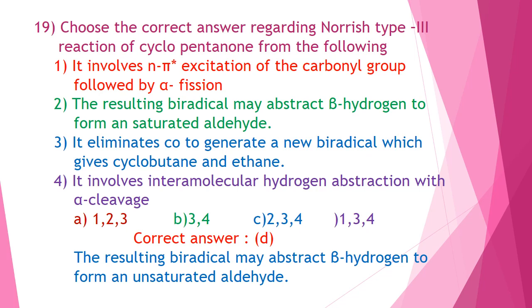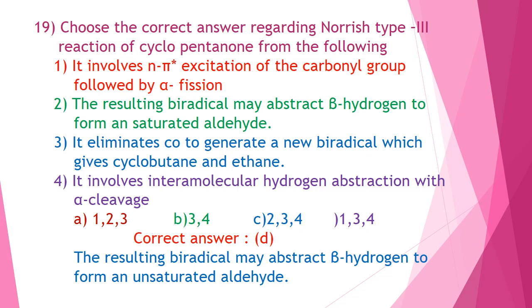The resulting biradical may abstract beta hydrogen to form a saturated aldehyde. It is wrong. 3. It eliminates CO to generate a new biradical which gives cyclobutane and ethene. It is correct. 4. It involves intramolecular hydrogen abstraction with alpha cleavage.